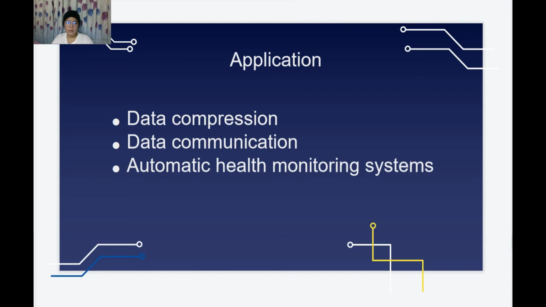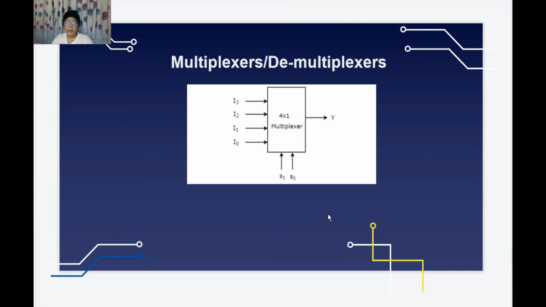So we have the multiplexer and the demultiplexer. The multiplexer allows us to take multiple input signals to produce a single output, while the demultiplexer is the reverse of the multiplexer, which has one single input while it has a multiple number of outputs.